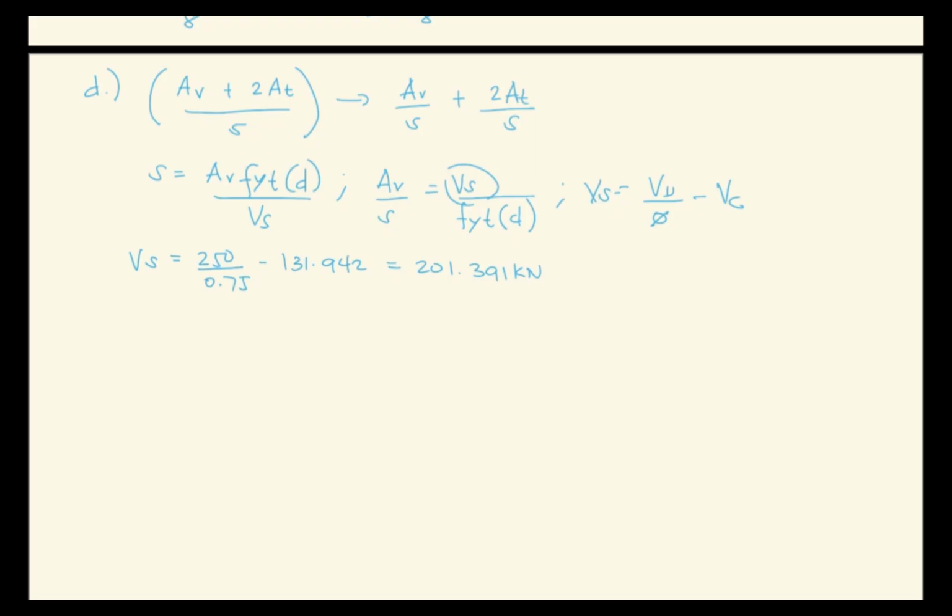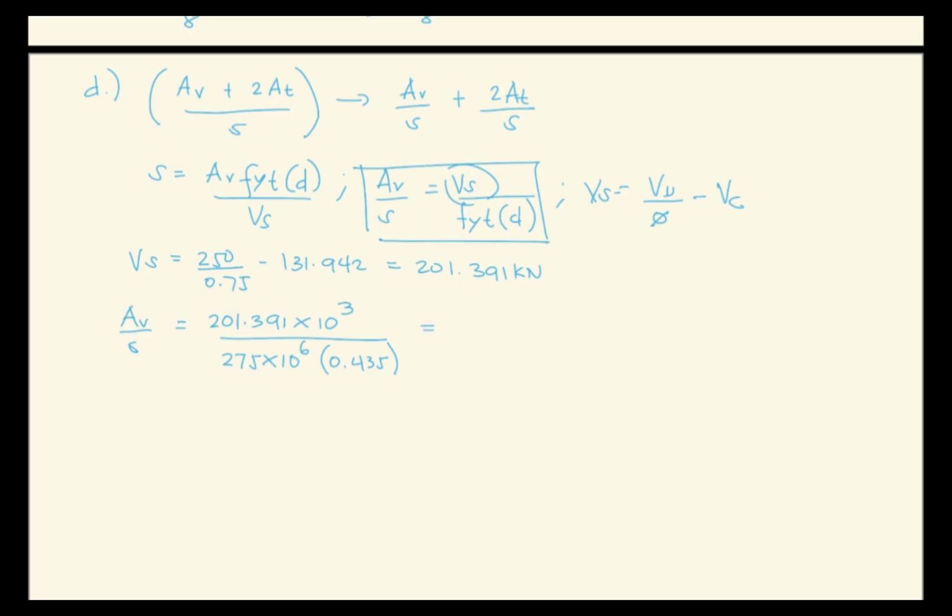Then substituting this here, we then have Av over s equal to 201.391 times 10 raised to the third power divided by 275 times 10 raised to 6 multiplied by 0.435.